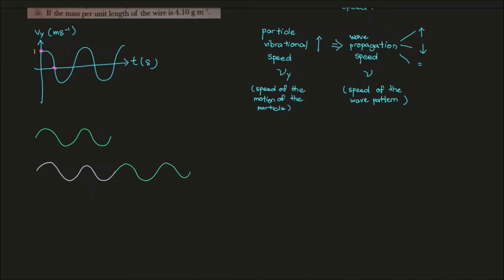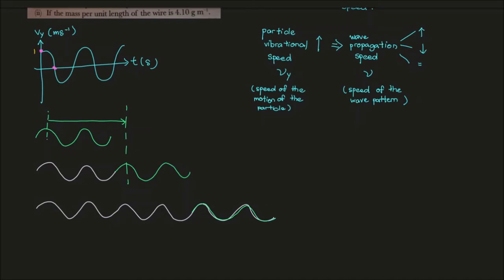The pattern over here, let's say I trace this point, has traveled this much distance over a certain amount of time. If you continue to track it further on, then you see that the wave pattern has already traveled to here.